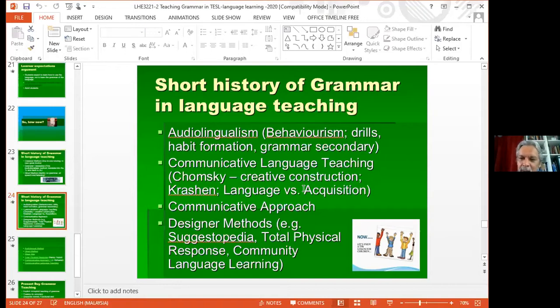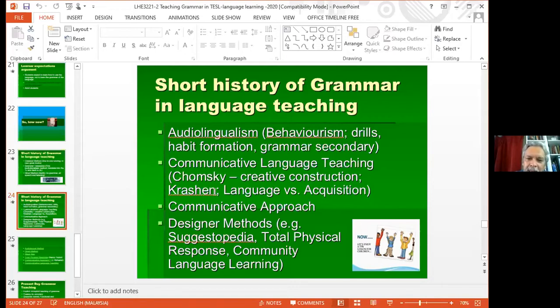A child, for example, will tend to learn language through acquisition rather than through learning. We learn our first language through acquisition rather than through learning. Because learning happens in the classroom. When we go to our standard one or even kindergarten classroom, we already know how to speak a language, right? So this was acquired rather than learned.